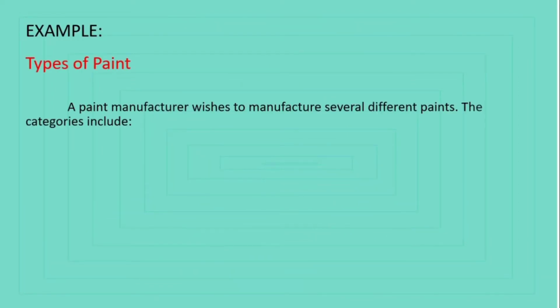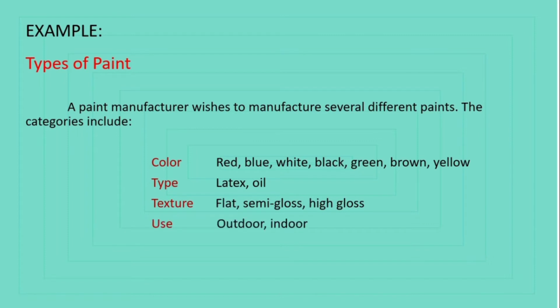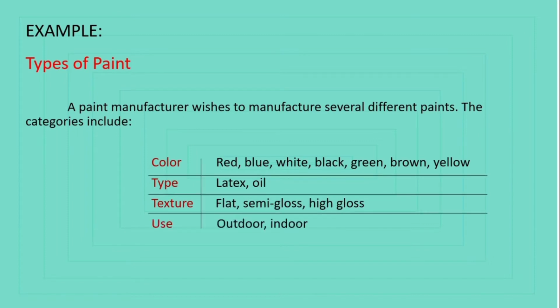Types of paint. A paint manufacturer wishes to manufacture several different paints. The categories include color, type, texture, use. Under color, we have red, blue, white, black, green, brown, and yellow.